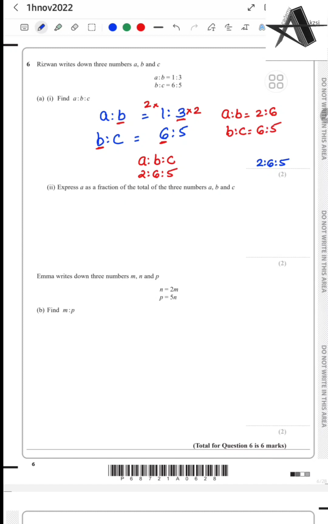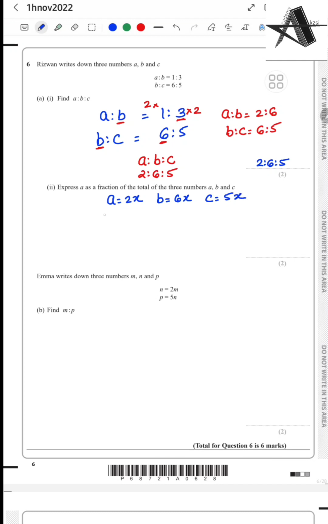So either I can do directly like this, or let me explain you the conventional way. As I told you that 2, 6, 5 are not the actual numbers, they are just ratios. So if you want to find the actual number, always multiply it with x. So A is going to be 2x, B is going to be 6x and C is going to be 5x.